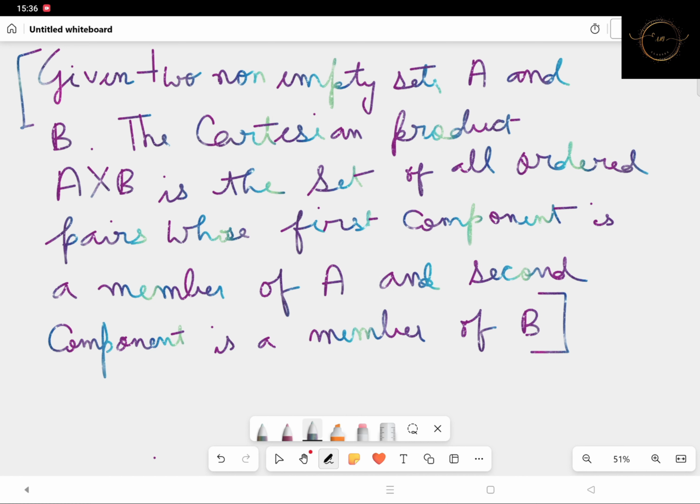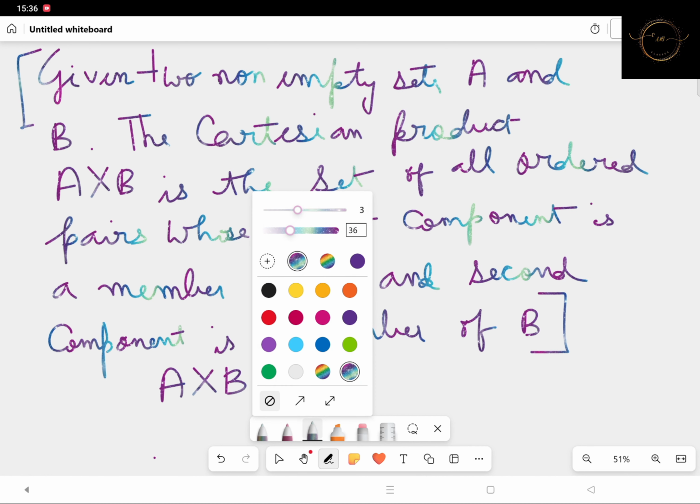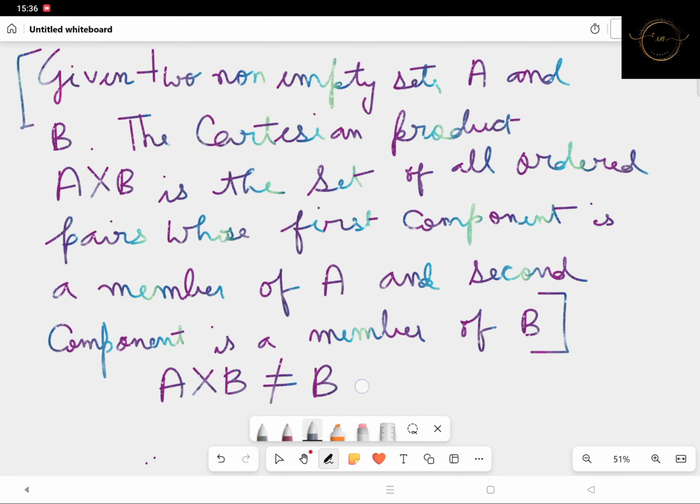It's very important. That's why we have come to the conclusion that whatever is A cross B is never equal to B cross A when you come to the concept of Cartesian product.